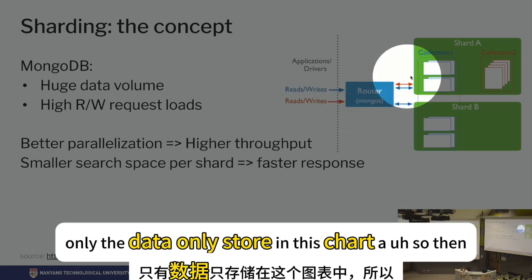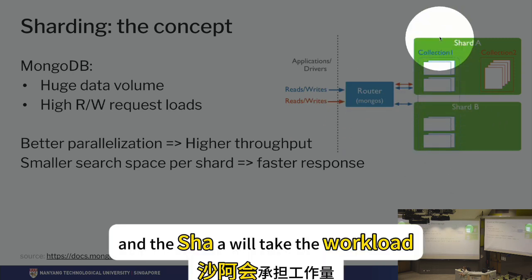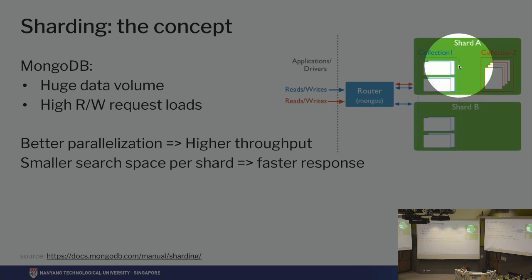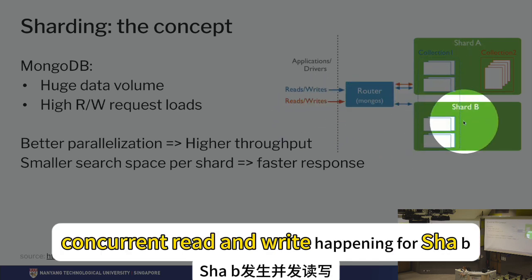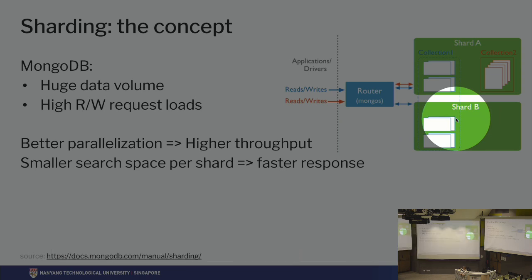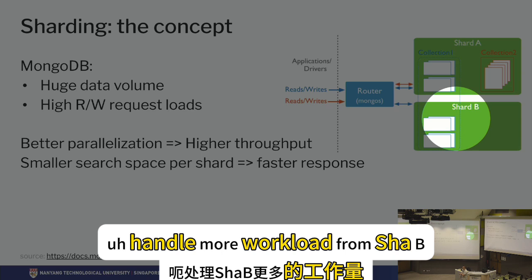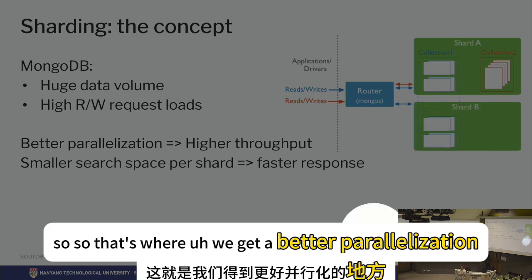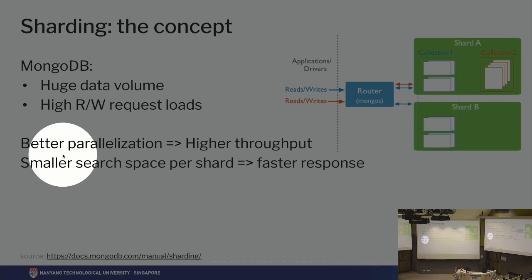The data is only stored in shard A. Then shard B will be spared, and shard A will take the workload. If there are other concurrent reads and writes happening for shard B, shard B can actually handle that workload. So that's where we get better parallelization and higher throughput.